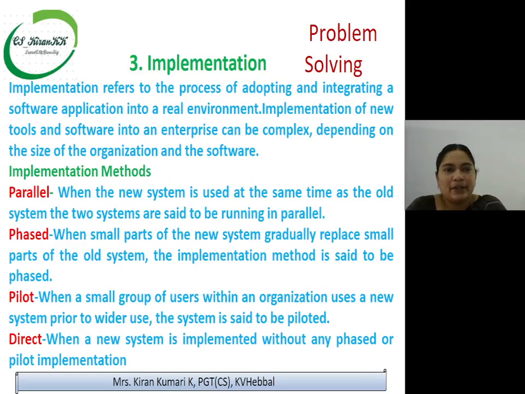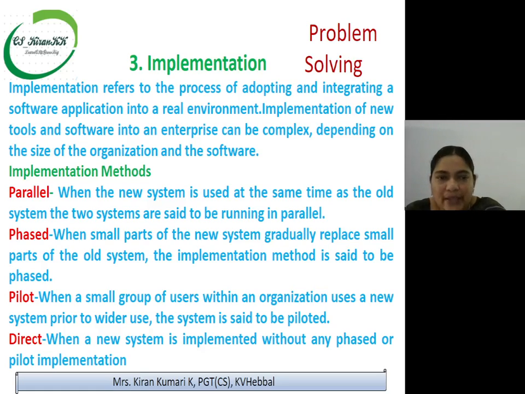Then comes implementation: parallel method, phased method, pilot method, direct method. In the parallel method, the new system runs at the same time as the old system; the two systems are said to be running in parallel.